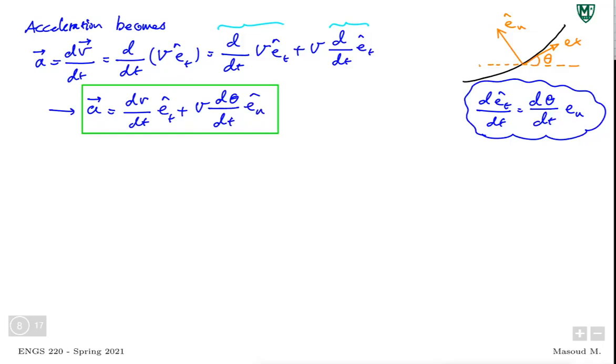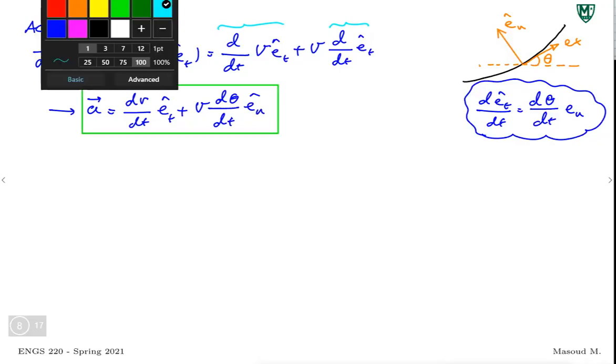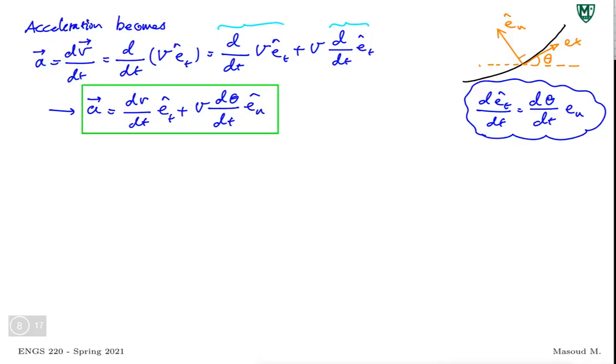The normal component is perpendicular to the tangent, 90 degrees, and normal to the path. If you follow the path, it's always these two: one tangent, one normal.